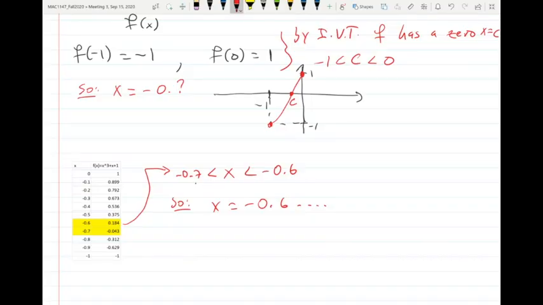All right. Now let's say you wanted 2 decimal places of accuracy. Let's say you're not happy with this and you would like to know what goes in the second decimal place. Well, let's do the process again.